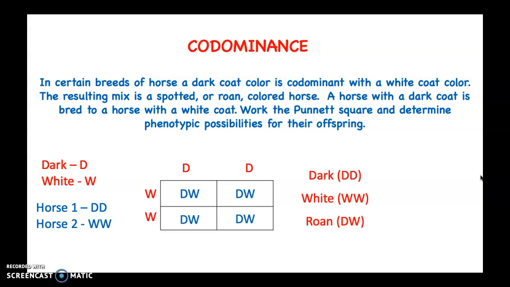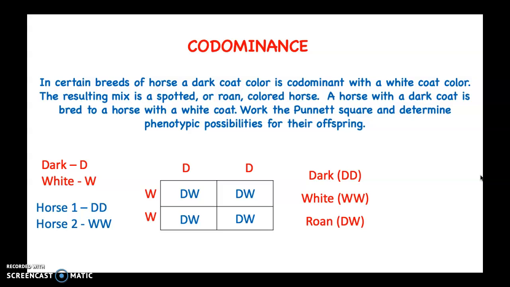Now let's look at our three possible coat colors. We can have a horse with a dark coat, a horse with a white coat, or possibly a roan coat. Roan is the result of the codominance, the dark and white coat both being expressed. Usually this means we get some type of spotted coat.